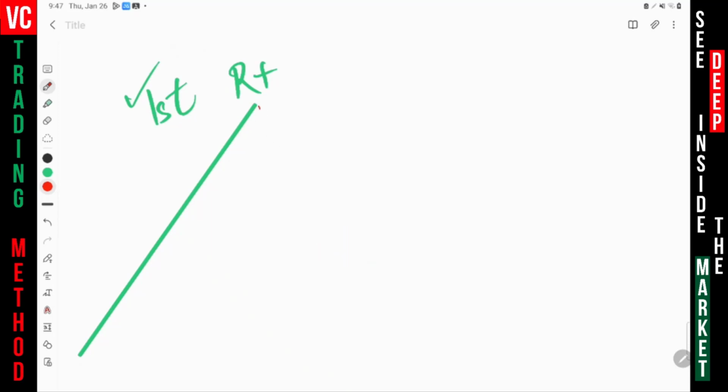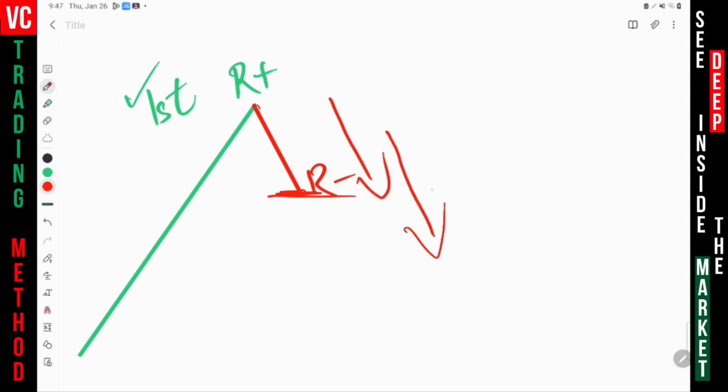For example, to give you more precisely, here, negative results, negative wave. Now we want to command the system not to trigger an alert here, because it's quite possible the price may retrace further down.